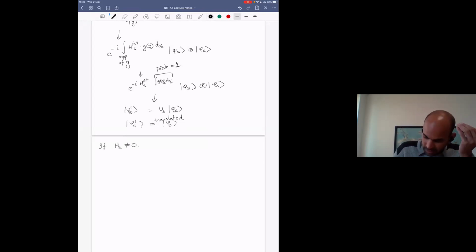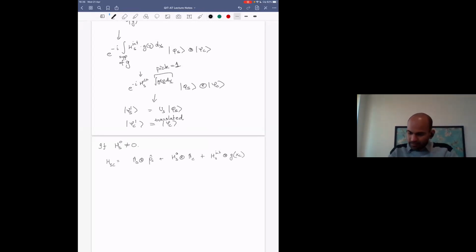Then we have the Hamiltonian H_SC, identity on system tensor P of clock, plus H_S0 tensored identity on the clock, plus the interaction between them, H_int on the system tensored G of X of the clock.